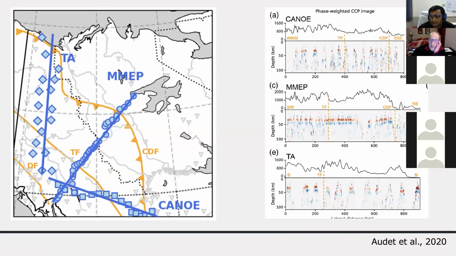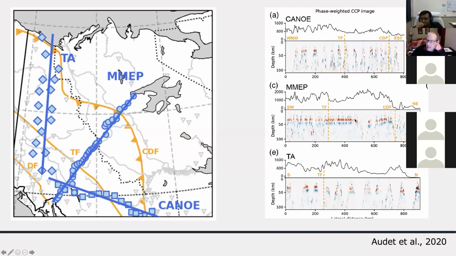So next, I want to look at receiver functions. So receiver functions map the depth of P to S conversions. And I'm going to show you 3 lines, one across the transportable array, one across the MMEP, and one across the Canoe Array. And in particular, I want to draw your attention to the Mackenzie Mountain Erscope project array and look under the Mackenzie Mountains themselves.